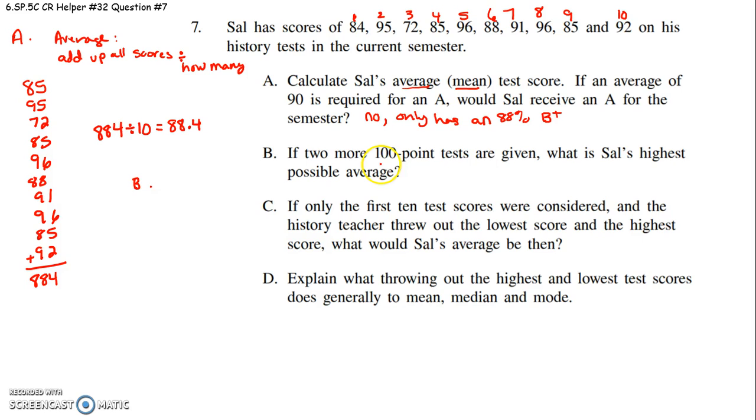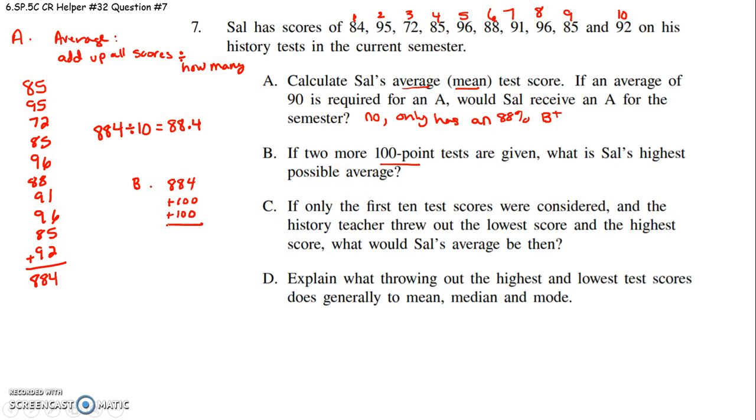It says if 2 more 100-point test scores were given, what is Sal's highest possible average? Well, we're going to hope he gets 100 on both of those. So if you take 884 and add on 100 and add on another 100, because we want his highest possible average.